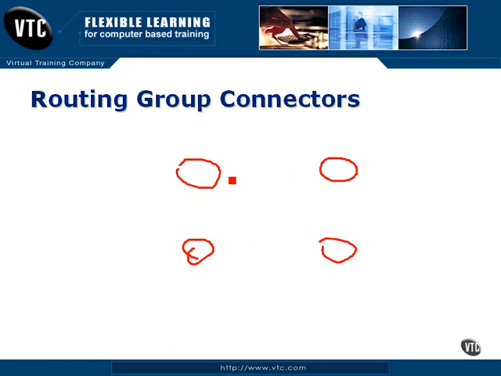Let's say that I have 4 routing groups and I have connectors between them. This connector has a cost of 1, this connector has a cost of 20, this connector has a cost of 1, and this one has a cost of 2.